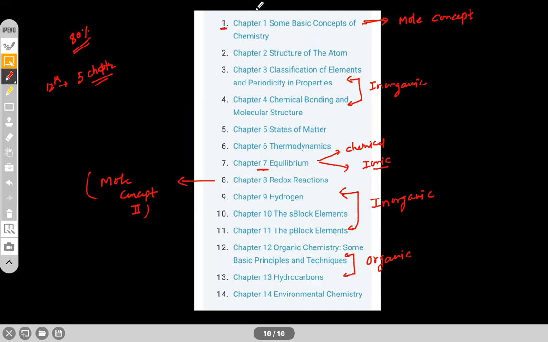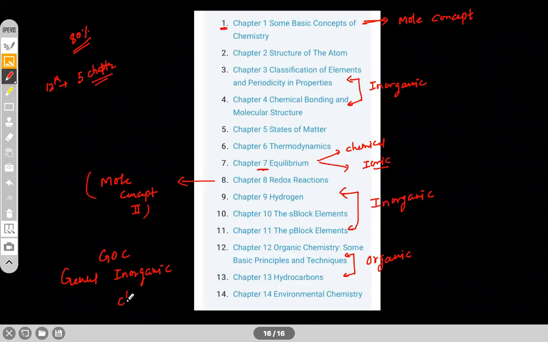Now in all these chapters, you see there is nothing called a chapter here, GOC, which stands for General Inorganic Chemistry. It is the backbone of entire organic chemistry.